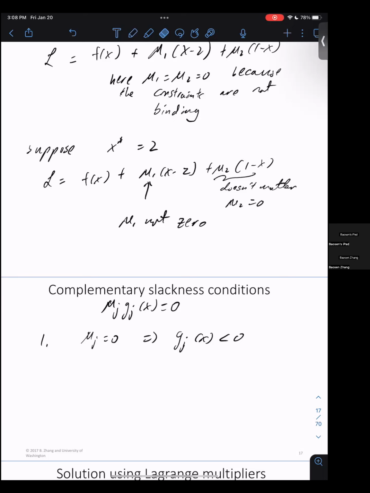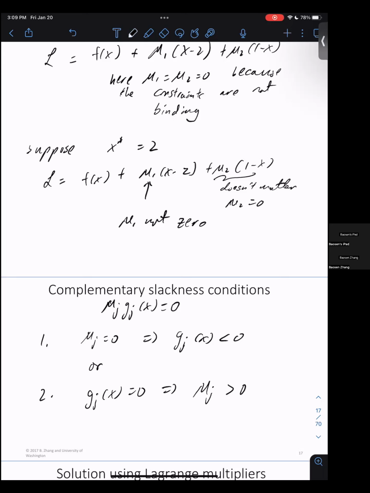Or this thing is zero and this thing is positive. I'll explain why this has to be positive later. But for now just remember that one of them has to hold. Hence, complementary slackness means one of them will be non-zero, or one of them will be zero. That's how you read the complementary slackness condition. Any questions for this?